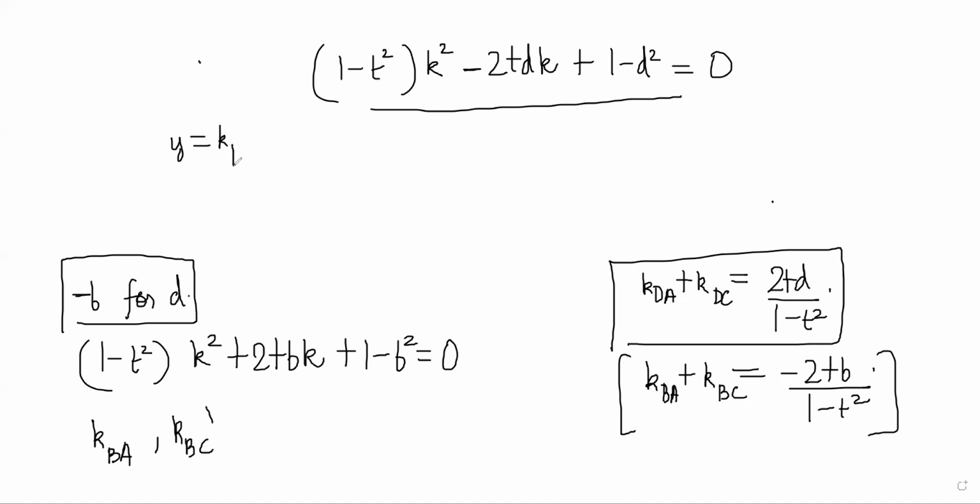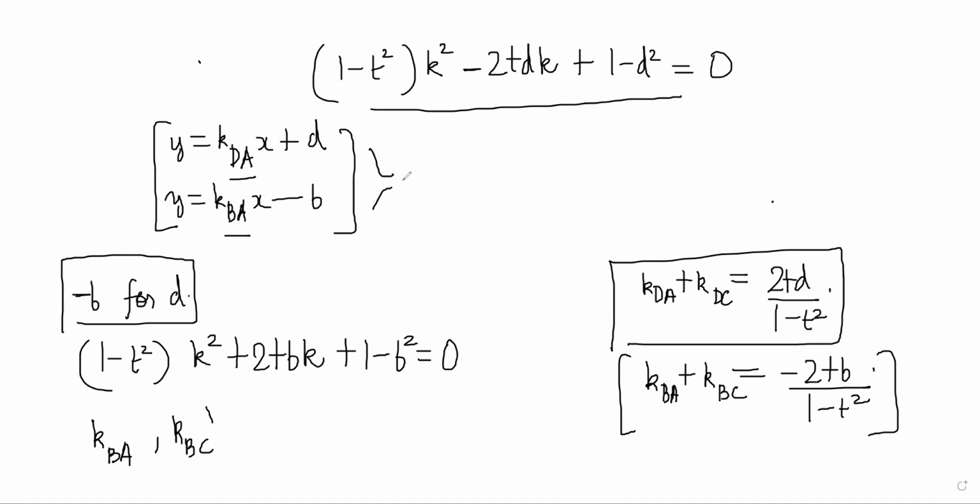y = k_DA x + d is the line equation for DA. And y = k_BA x - b is the line equation for the other side, BA.